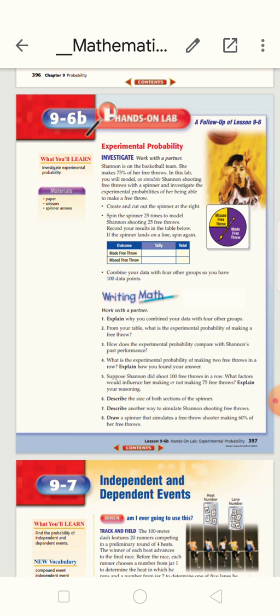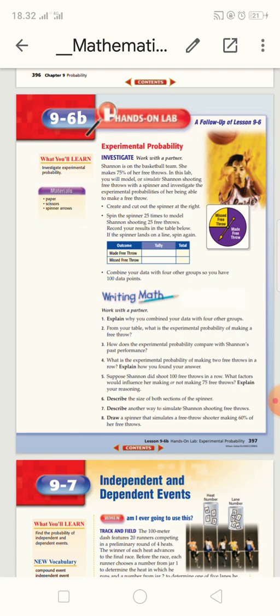5. Suppose Shannon did shoot 3 throws in a row. What factor will influence her making or not making the free throws? Explain your reasoning. 6.